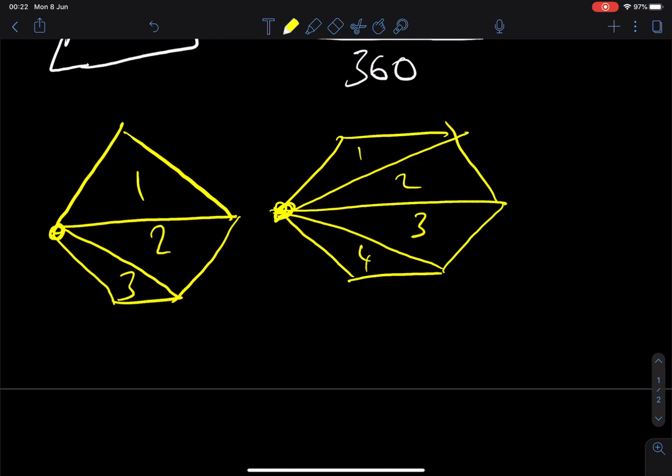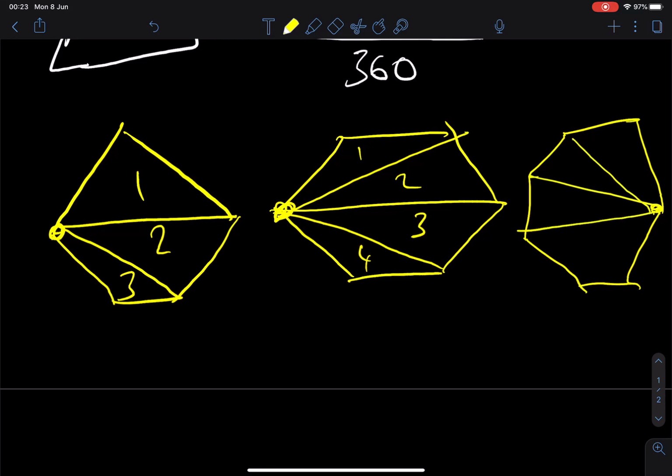And if I was to draw a seven-sided shape, starting from here, I've got 1, 2, 3, 4, 5 triangles.